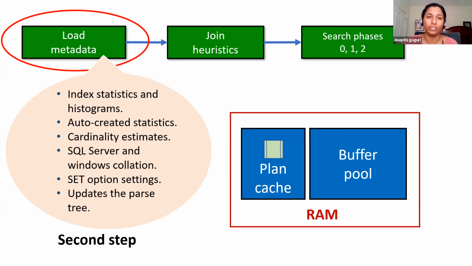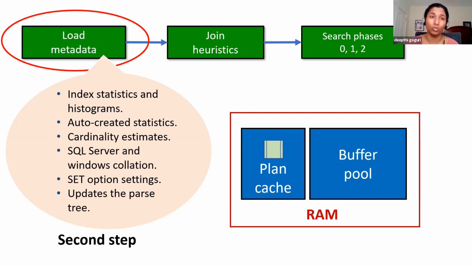Auto create statistics also happens here. Now, let's take an example. If you are running a select query and searching on a column very frequently, and that column is not in the key columns of the index, then SQL Server will think, why should I not go ahead and create statistics on that particular column? Because now I'm frequently running these queries.